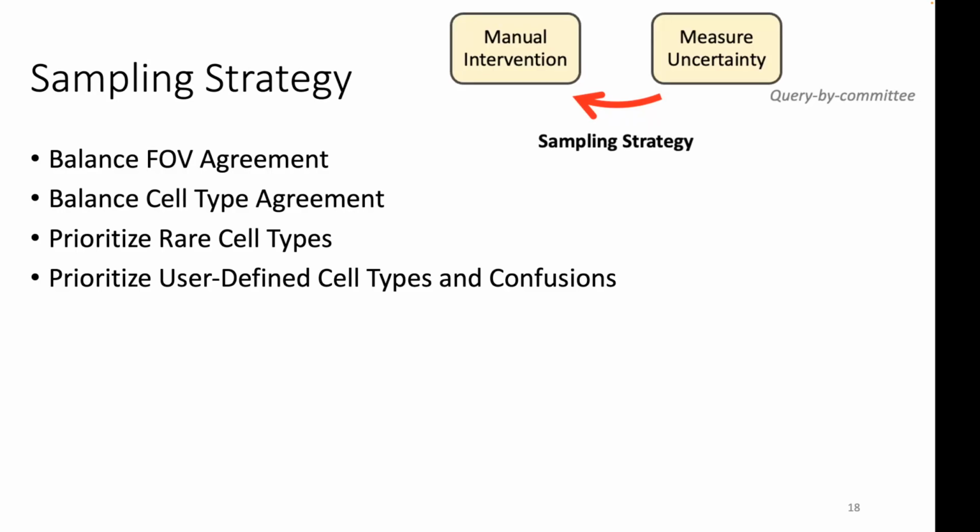It's really flexible, so the user could input any type of cell type or any type of confusion between different cell types that might be interesting for them. So if you're doing a project that's asking about macrophages and you really want to be super accurate in your differentiation between types of macrophages, you could put that in, giving priority to confusions between those.